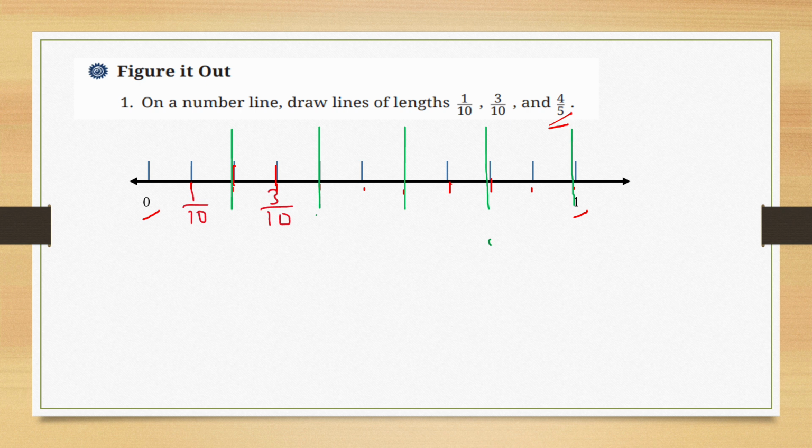This part is 1 by 5, and this is 2 by 5. This part is 3 by 5, and we have to mark 4 by 5. See, here it is 4 by 5.